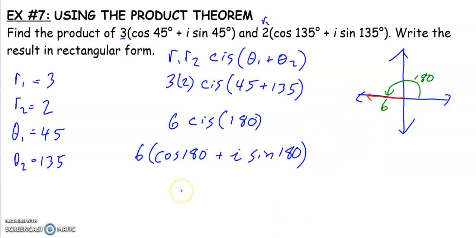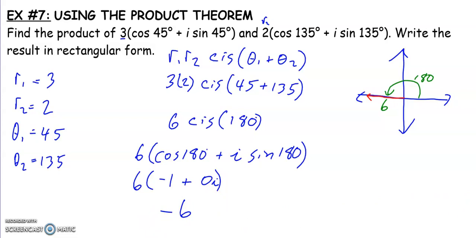But what we need to watch out for is the cosine of 180. If you do cosine of 180, that's actually -1, plus 0. The sine of 180 is 0i. So my answer for my vector is just going to be -6. There is no imaginary value to this. -6 is the entire answer.